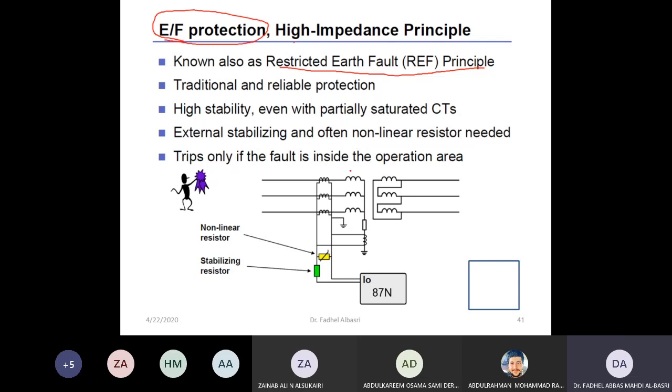However, this type of protection is dedicated to only one side of the winding. Here it will protect only the star side of the transformer, by connecting all the CTs at the star side in parallel, and you take a CT at the neutral and connect them in parallel. This is I neutral or I ground. This is IA, IB, IC.